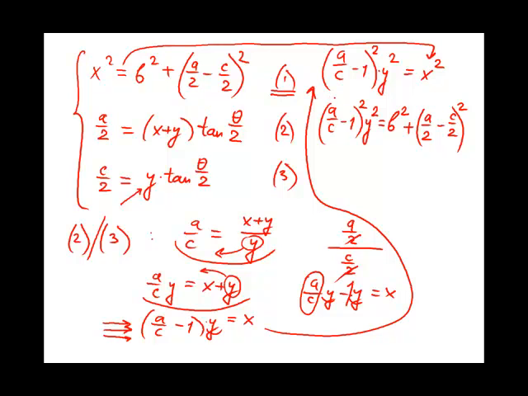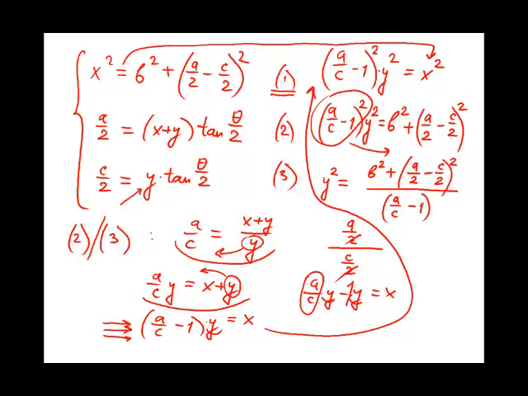I move a over c minus 1 squared to the right and get y squared equals b squared, the whole right hand side, plus a over 2 minus c over 2 squared, divided by a over c minus 1 squared. True?